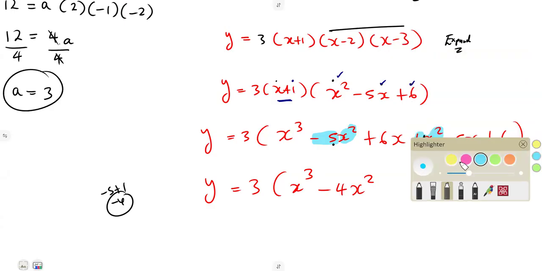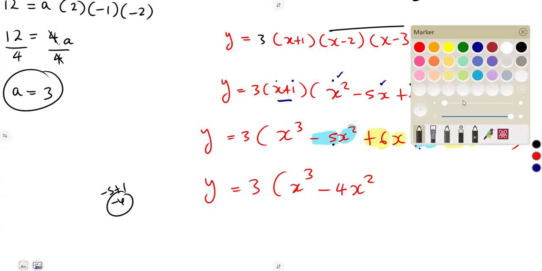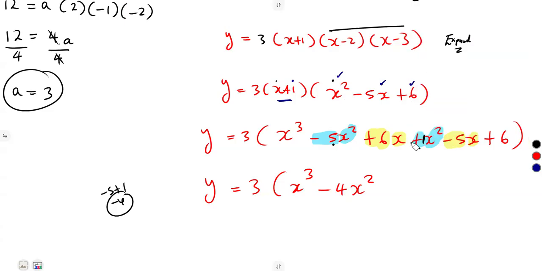We also have like terms in x. This is positive 6, this is negative 5, so 6 minus 5 is 1x, which is the same as a positive x, plus 6.